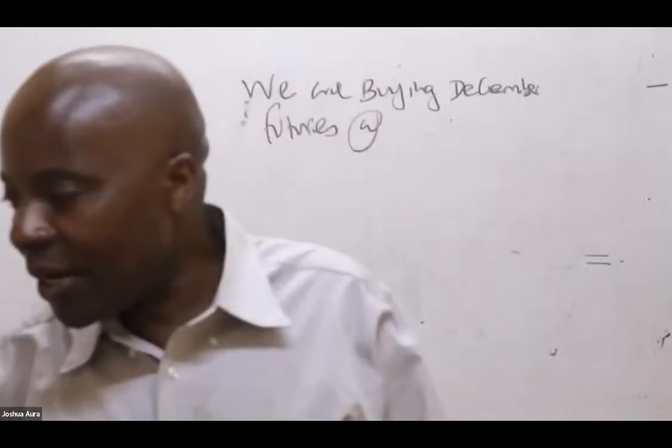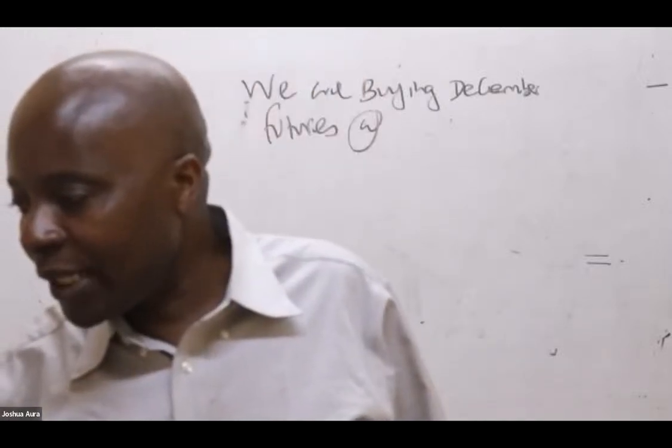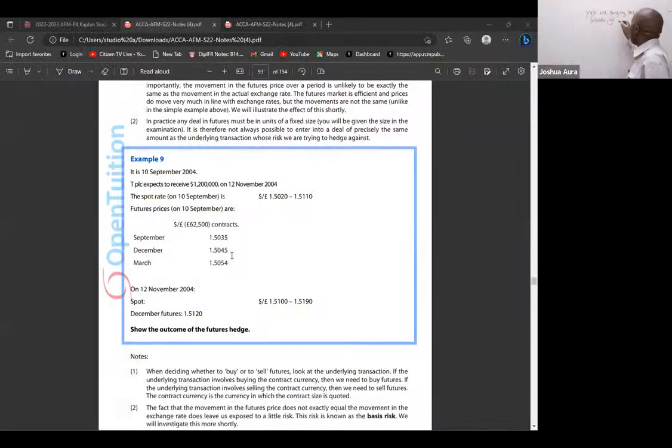December futures are here at 150.45. $1.5045 per pound. Dollars per pound is given here.